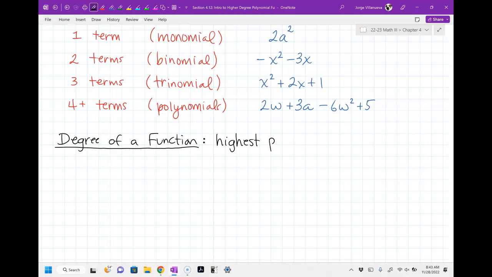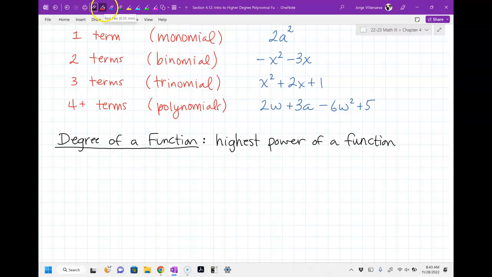Highest power of a function. So you're going to look at the equation that we write down and you're going to look for the highest possible power that's there. Maybe it's a power of 2, maybe it's a power of 3, a 5, or maybe it's just a first power. Okay?